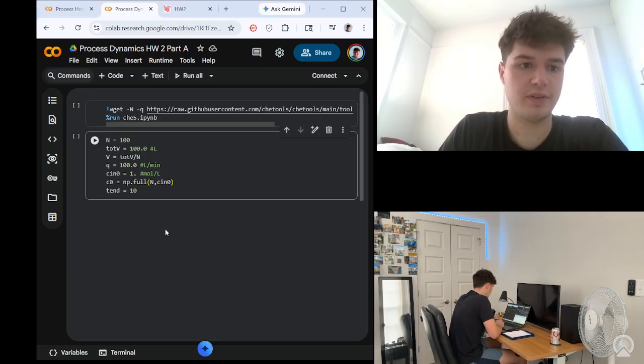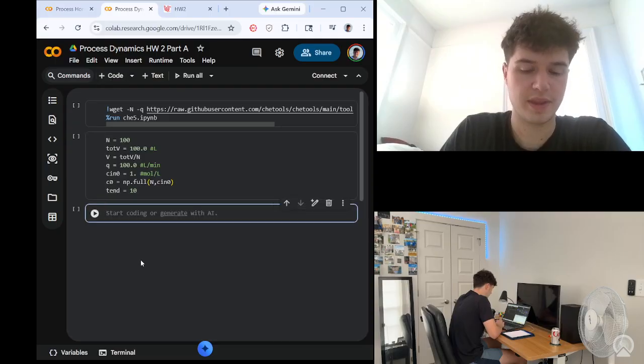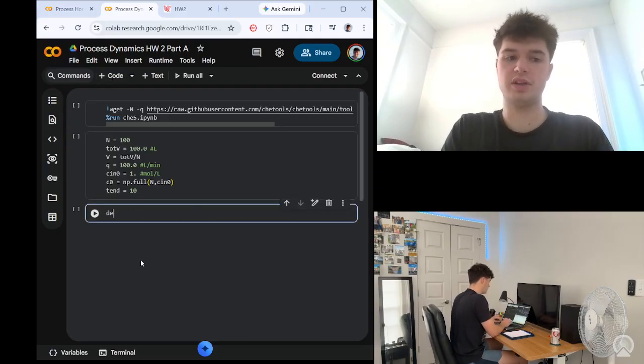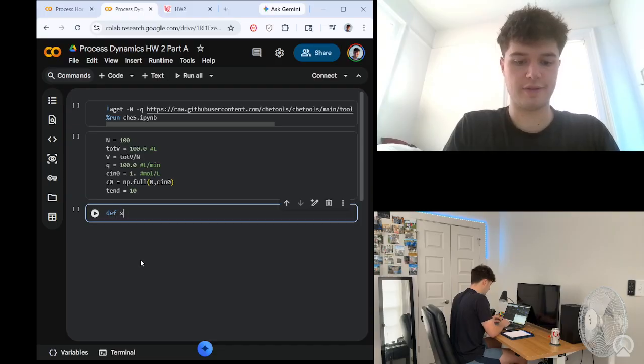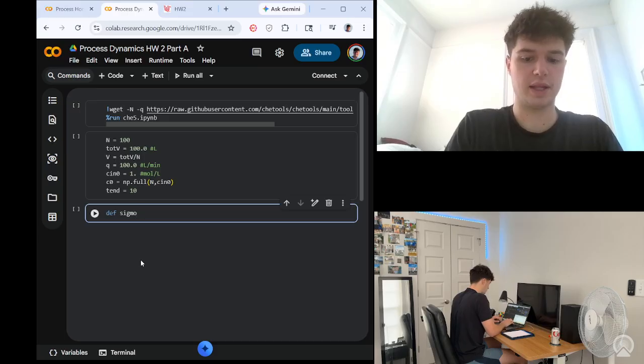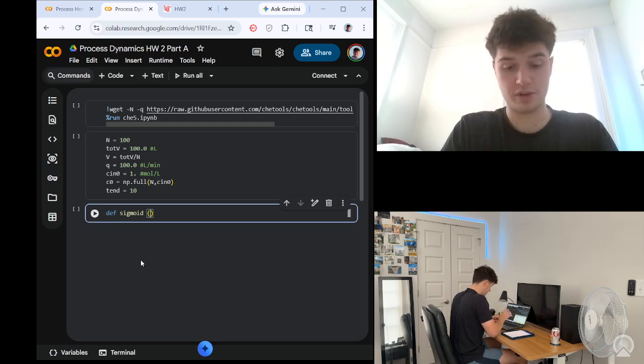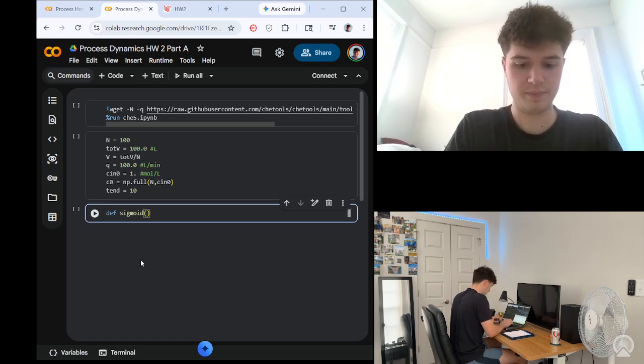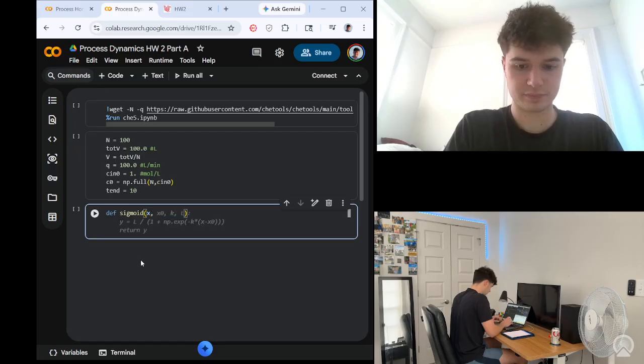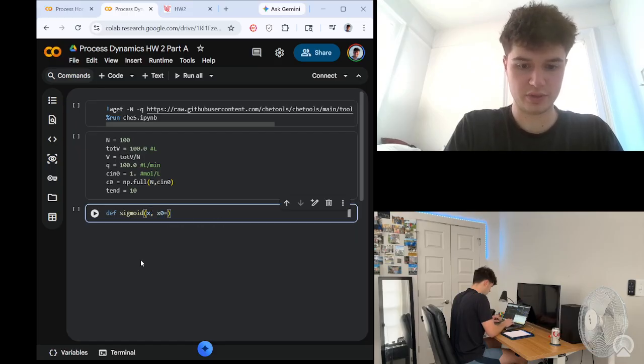Okay, so the next part of this is going to be creating some functions. We haven't worked with these functions yet in any of these videos, and the first is going to be sigmoid, and this is going to allow us to create some smooth transitions within a range that we choose. So it'll be sigmoid of x, x naught equals 0, and we want that width to be equal to 1.